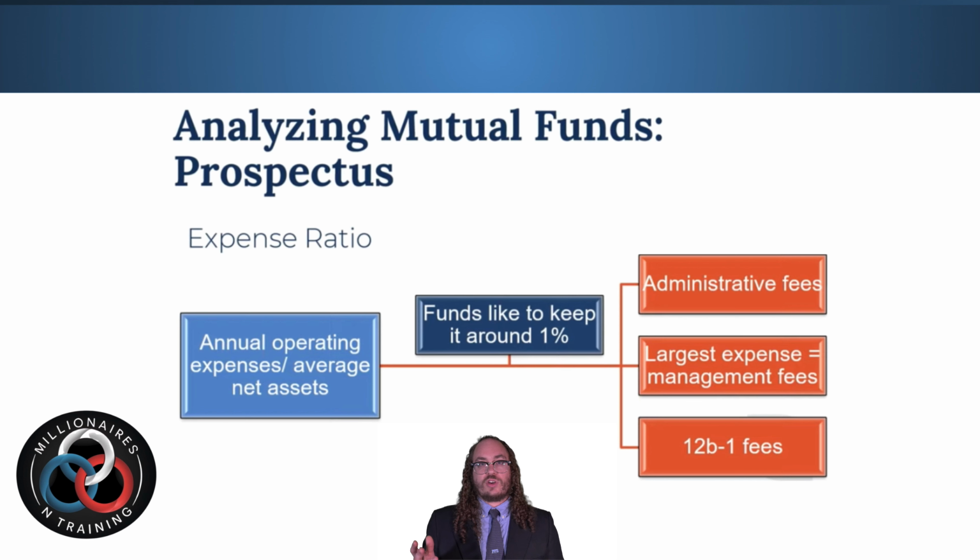Expense ratio is all of the fees for the fund and none of the charges, so it does not include sales charge. What is included in the expense ratio are different administrative fees: the management fee for the investment advisor, which is the largest expense for any fund, and 12b-1 fees.